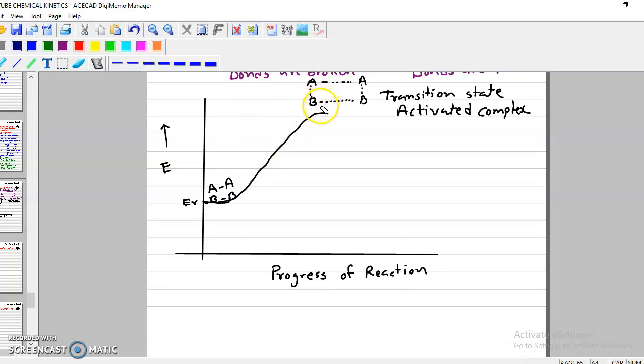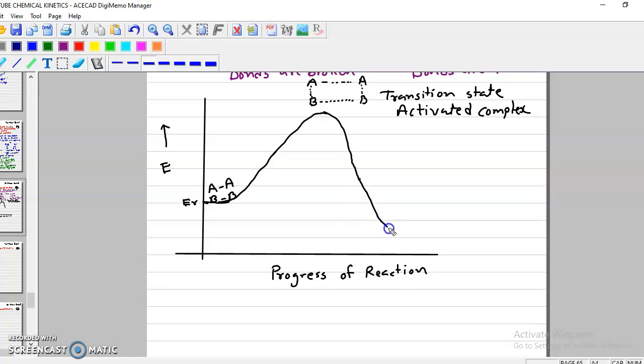At this moment, if A attracts B or B attracts A, due to attraction energy decreases, and we go ahead with the progression of the reaction, and energy goes on decreasing.